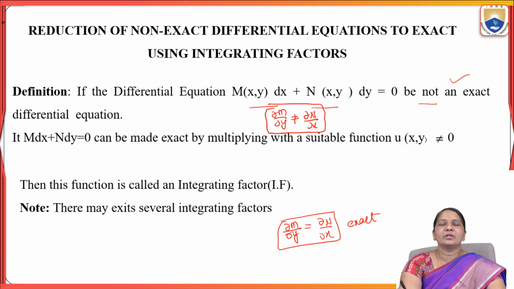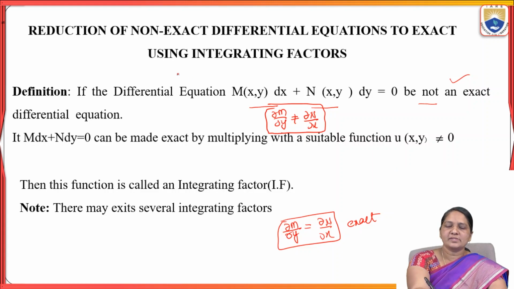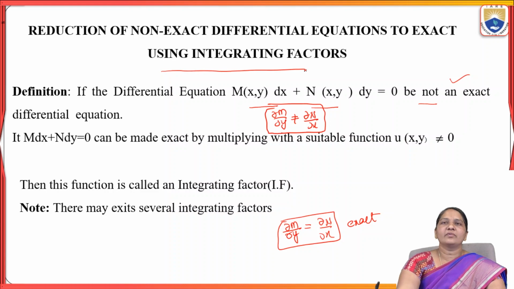How can we convert a non-exact equation into an exact one? By using integrating factors, which differ according to the given equation. We multiply the given equation by a suitable integrating factor, and then the non-exact equation converts into an exact one.